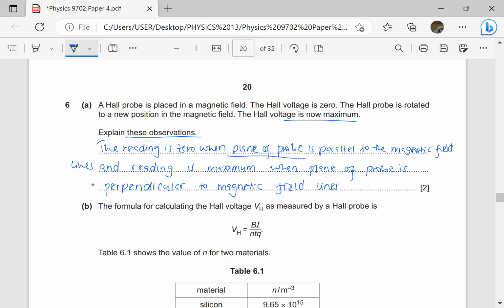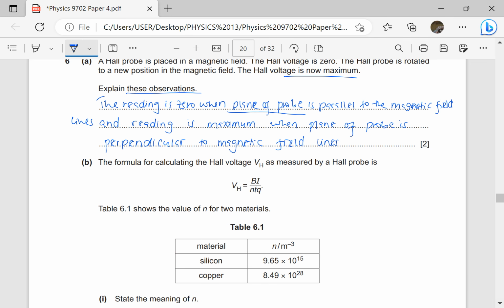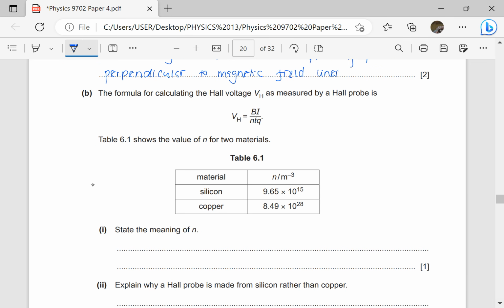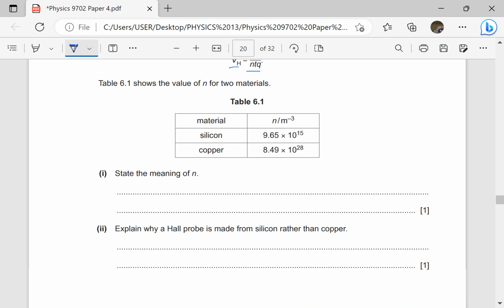That means now the second finger is at 90 degrees to the first finger. Of course, even the thumb will be at 90 degrees. That means Fleming's left hand rule or right hand rule can apply. The formula for calculating the Hall voltage VH is given by that. VH is directly proportional to B and I. Say the meaning of n.